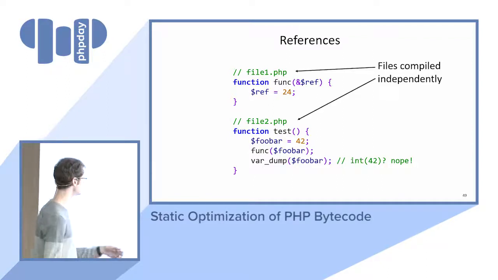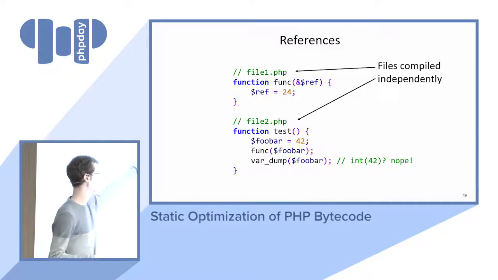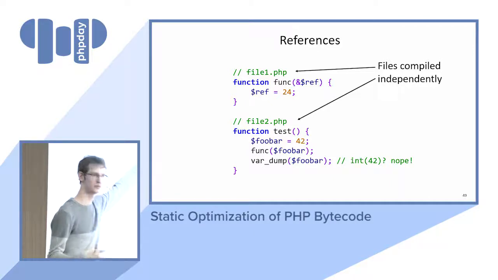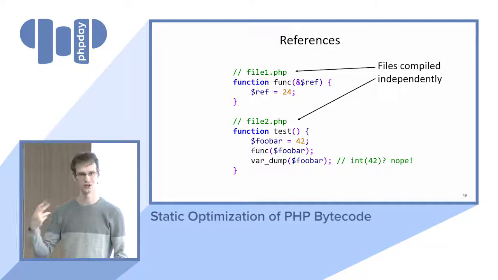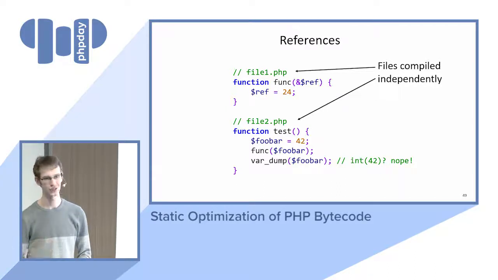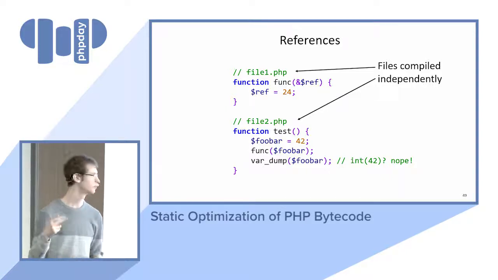So when we're compiling the second file, we don't know anything about the first file. We also don't know which functions are defined in it, which signatures they have, and we don't know whether the argument is by value or by reference. And generally, if we don't know something, we always have to conservatively assume the worst. So we have to assume it does pass by reference and it does modify the argument.